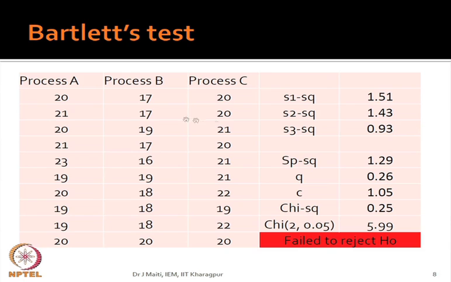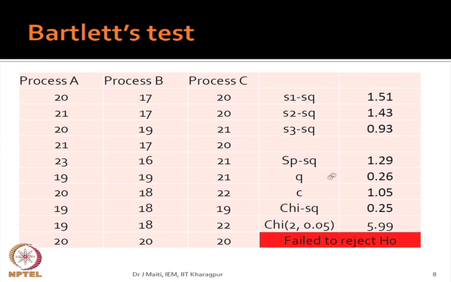I think the similar thing you have seen earlier also, we are repeating. See the same problem. We have 30 observations, 10 from each of the processes, and we have calculated the variance for the first process, that is 1.51, variance for the second process, that is 1.43, variance for the third process, that is 0.93, and then you have computed chi-square.